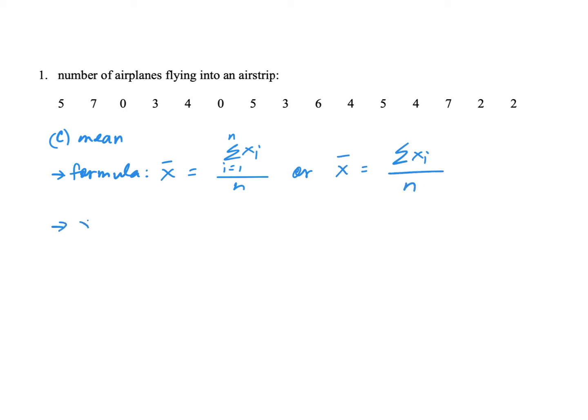So the sum of all the values here is 57 divided by, there are 15 values, that is 3.8, which means that the average number of airplanes flying into the airstrip is about 4 airplanes.